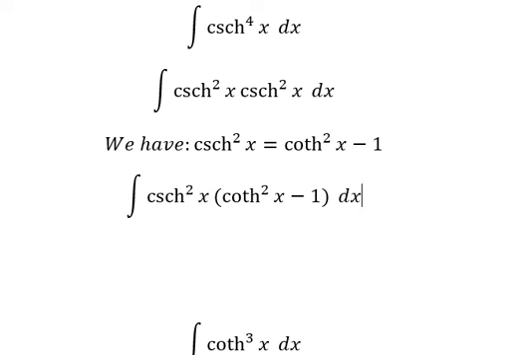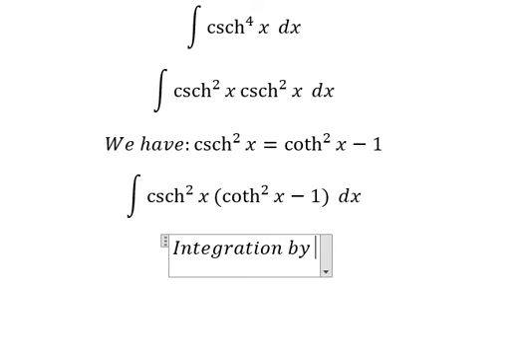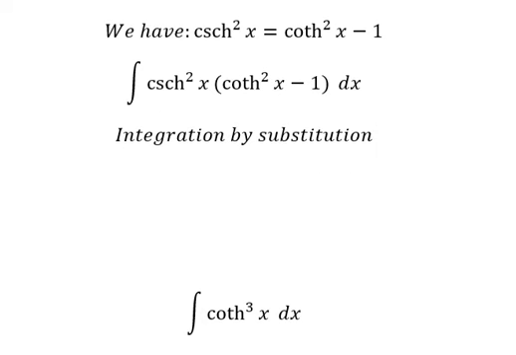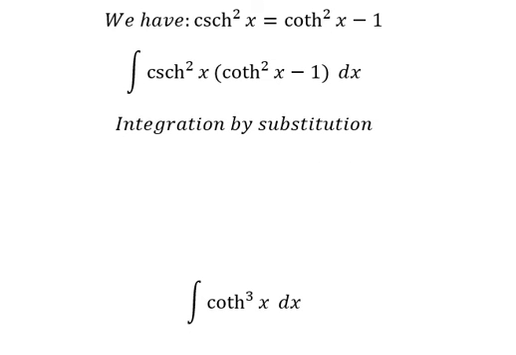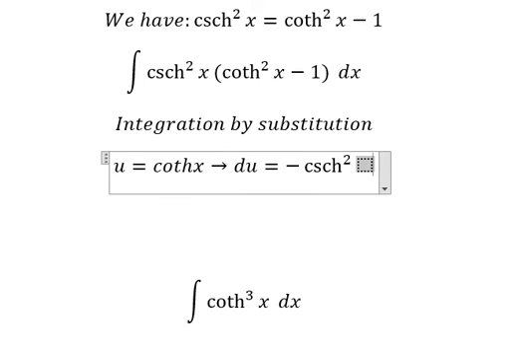So we can use integration by substitution. So I will put u equals coth of s. Later we need to do first the derivative for both sides, and we have like this.